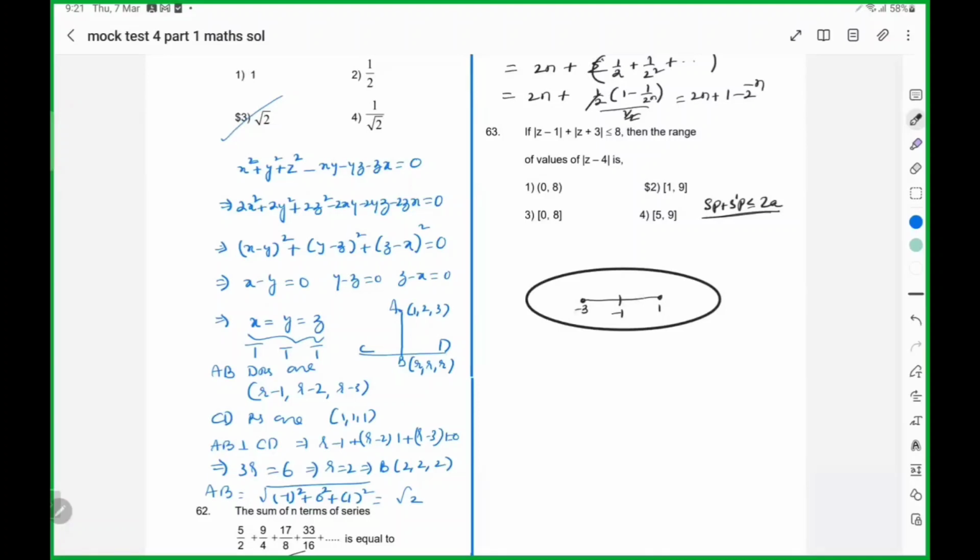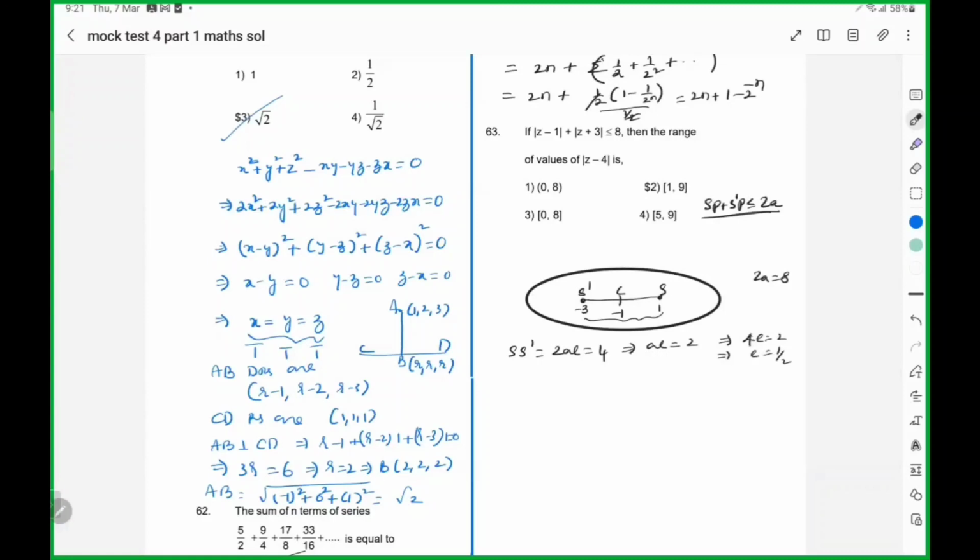Now, this is the center, this is one focus, and this is the other focus. SS' is 2ae, which is 4, so ae is 2. If you consider 2a as 8, then a becomes 4, e is 2, so you get e as half.